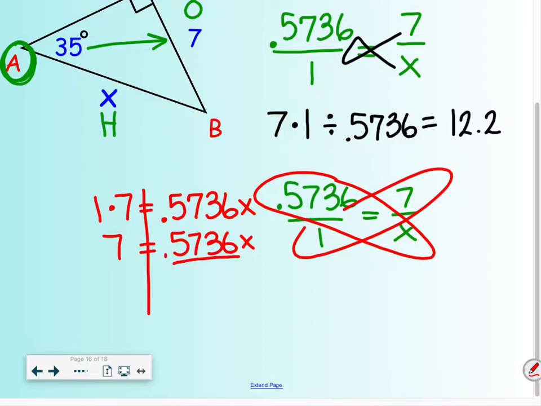And then you would divide both sides by that decimal to cancel it out. So in case this is how you learned how to solve proportions, you can do this way as well. So it looks like a butterfly. You can do the butterfly or fish method, but you're just cross multiplying and dividing. The left-hand side always gets either sine, cosine, or tangent, that decimal over 1 to make it a proportion.